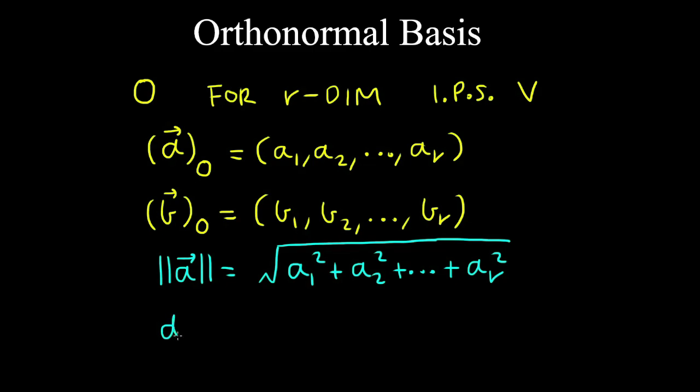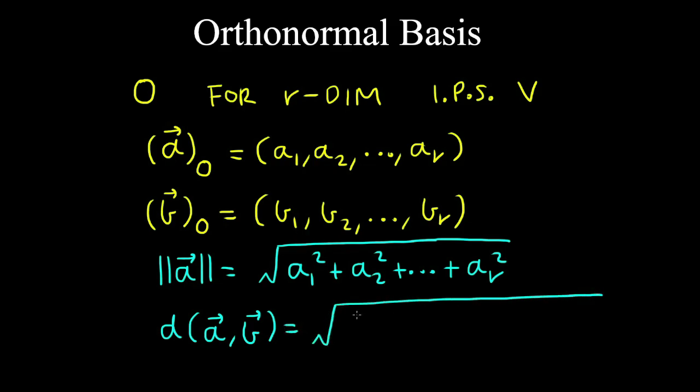And the distance property between the two vectors also holds. So that will be the square root of the sum of the difference between the components squared.